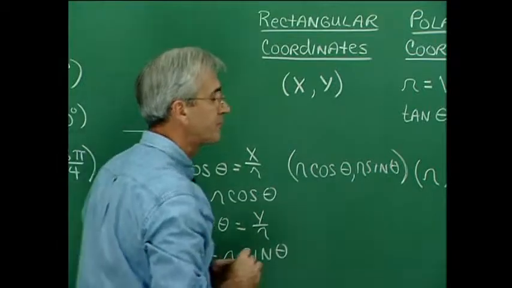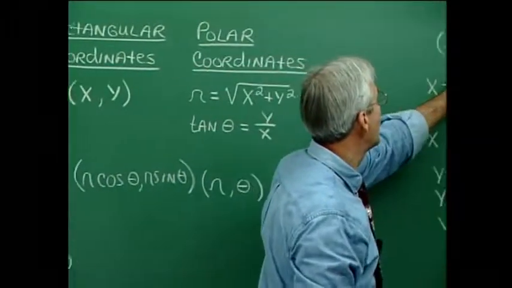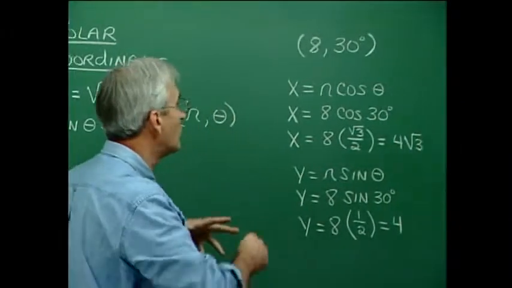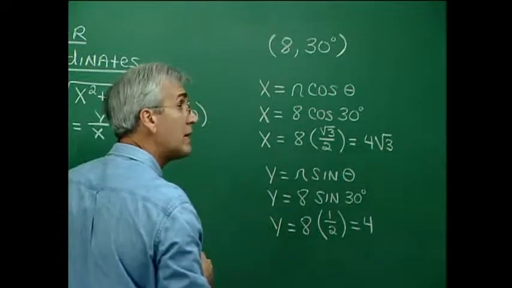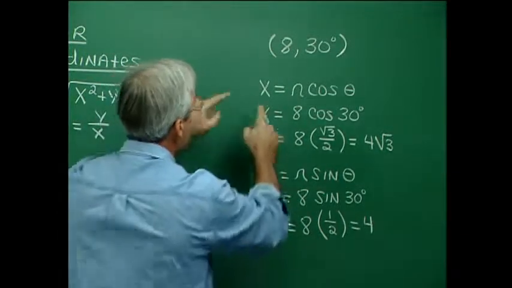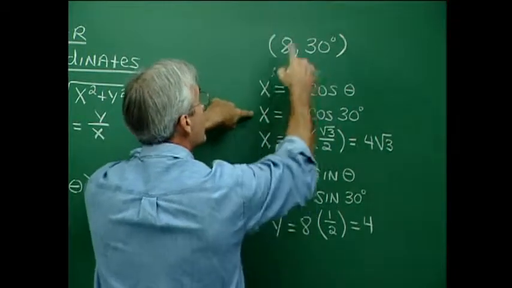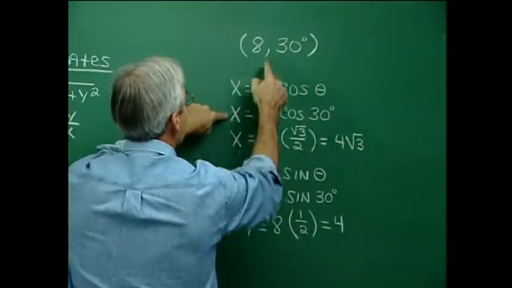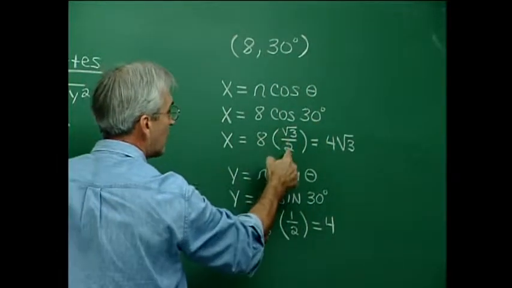All right. Now let's go through the process of changing (8, 30 degrees) into a more rectangular form, the rectangular coordinates associated with these polar coordinates. Well, x is r cosine theta, so x is 8 cosine 30 degrees, but cosine 30 degrees is the square root of 3 over 2.